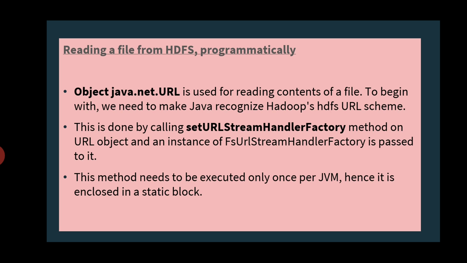For example, fs.LocalFileSystem is a file system for a locally connected disk with client-side checksums. We use RawLocalFileSystem for a local file system with no checksums.